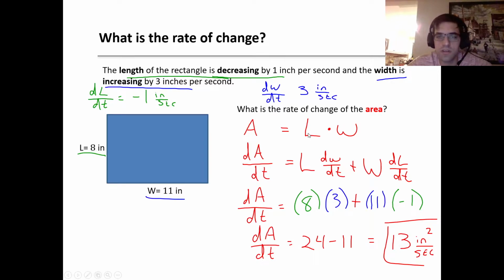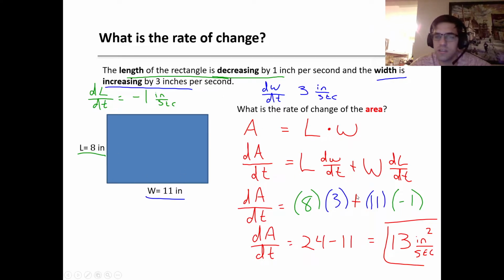The first function times the derivative of the second plus the second function times the derivative of the first, or L dw dt plus w dl dt. That's just product rule right there. Now we have all of these numbers, and they're all given to us in the original problem.